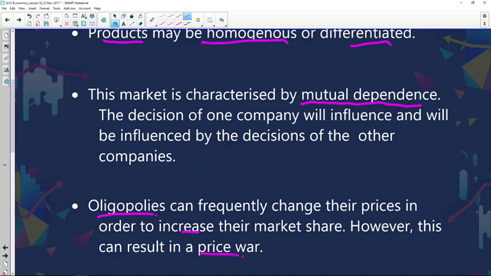Okay, so they can decide to change their prices. Let's say we were approaching the festive season, people get excited, they want to travel. In order to travel, you will need certain products. So what most businesses do during the festive season is hike up their prices, because they know that consumers have more disposable income.